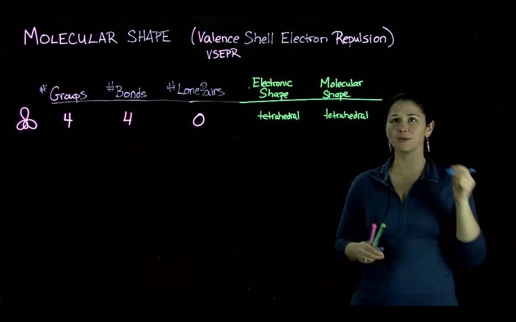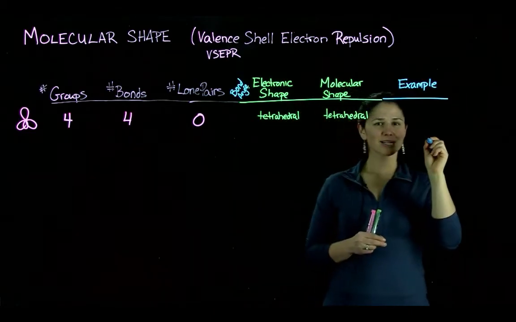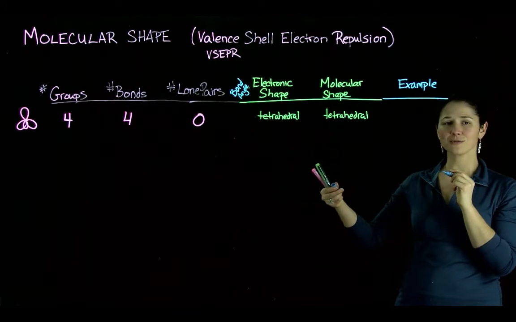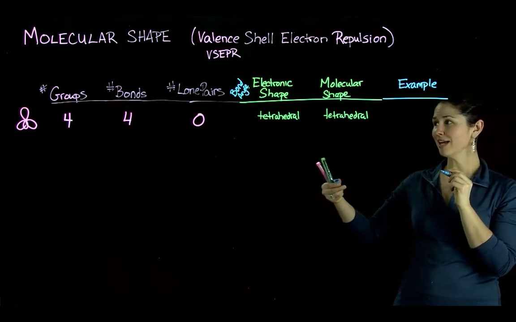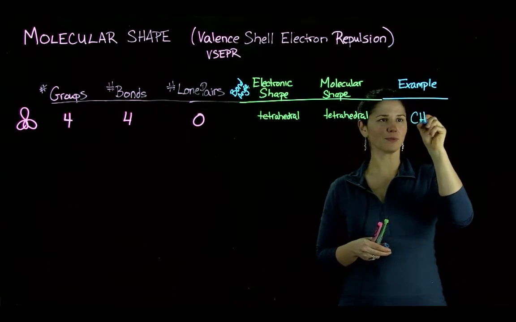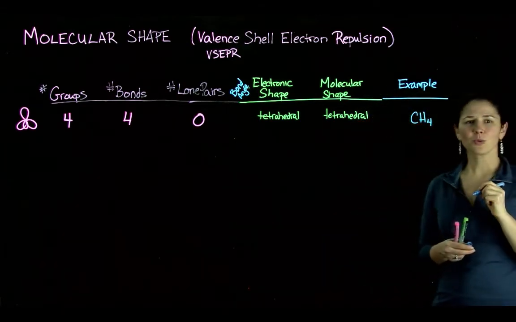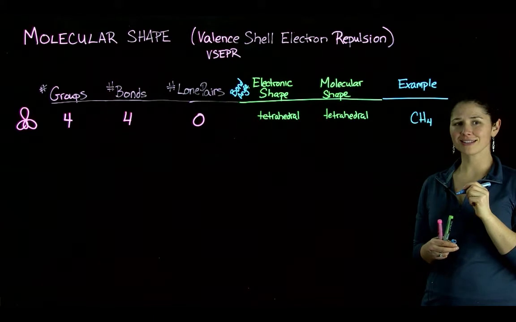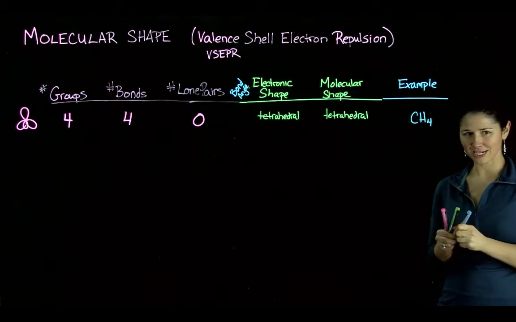And now I'll give you an example. An example of a molecule that has 4 groups around the central atom, and all 4 of those groups are bonds, is CH4. So we'll build a model of CH4 later and see its shape is tetrahedral.